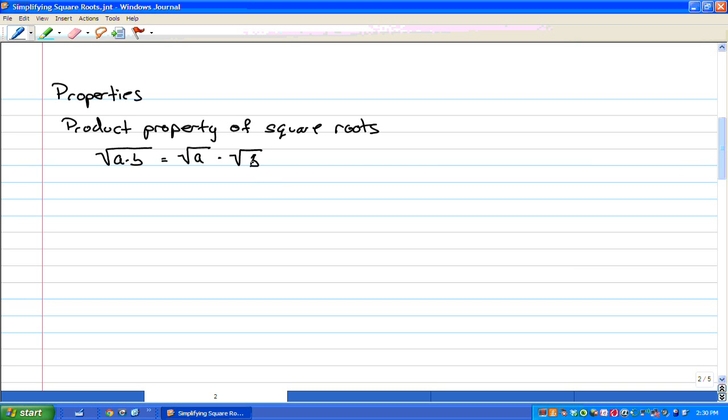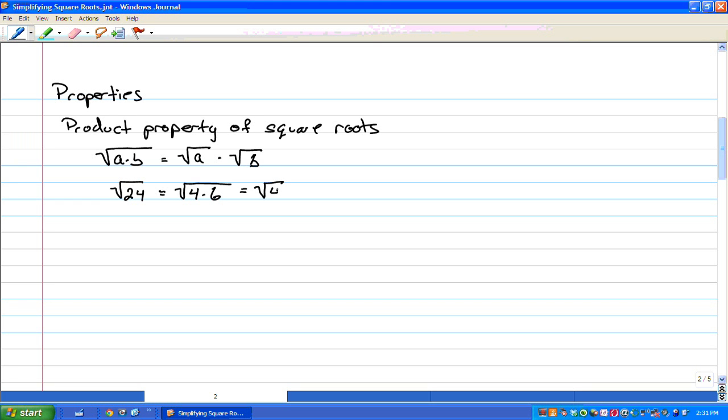All right, I have a square root. I could break it up into factors or numbers that multiply together to give me that number. And then I could break that into two separate radicals. That's a handy rule. Now, an example, again, I just said the 24. So if I did this, the square root of 24 is the same thing as the square root of 4 times the square root of 6.